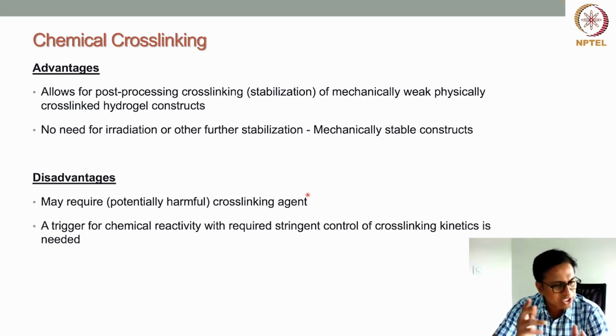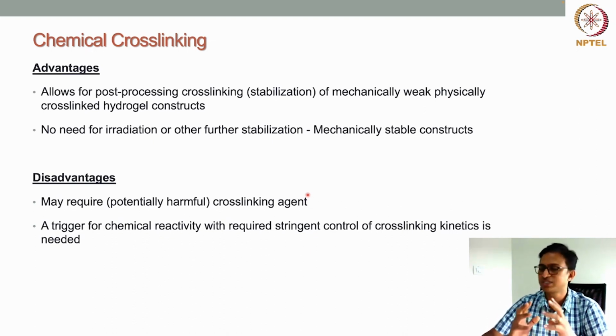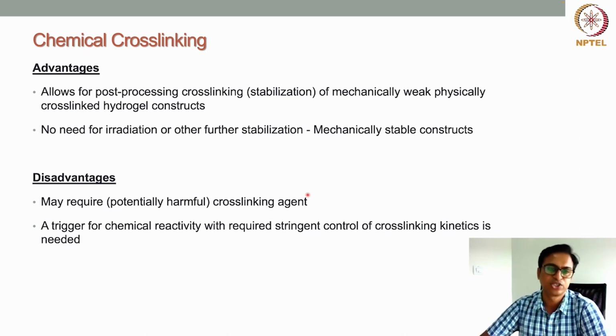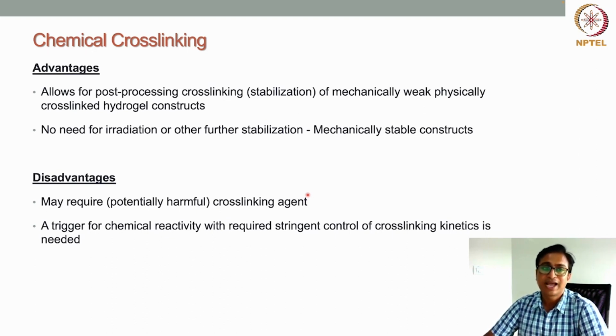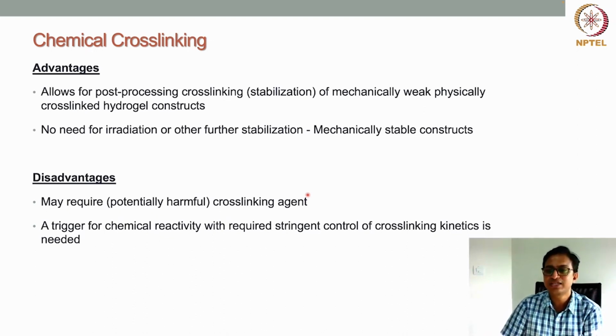So after printing, once the structure has gelled because of physical cross-linking, we can introduce some chemical cross-linking so that the structure gets stabilized and its mechanical property improves further. And once the structure is chemically cross-linked, there is no further need for irradiation or other stabilization, and we get a mechanically stable construct. So that's the advantage of chemical cross-linking.